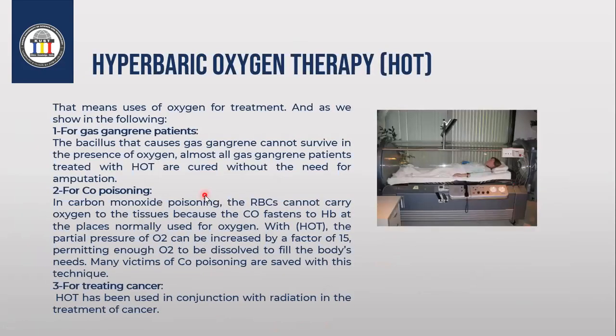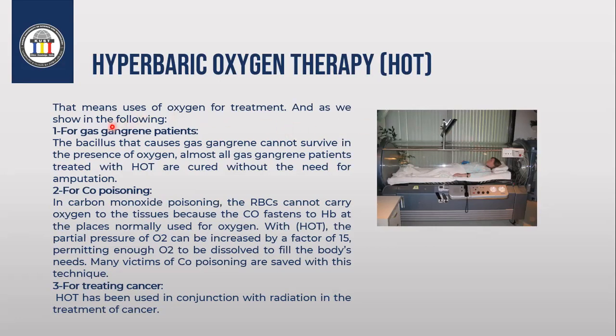The last one is treatment using pressure. We have hyperbaric oxygen therapy, which is a device using pressure two or three times bigger than atmospheric pressure. It pushes oxygen into the lungs to make the treatment work.